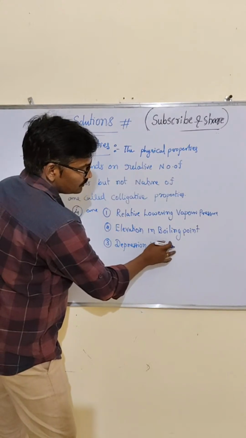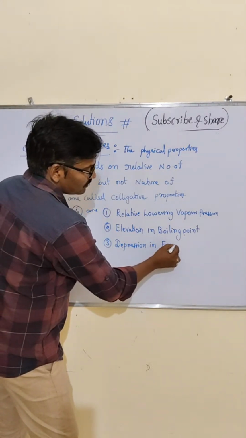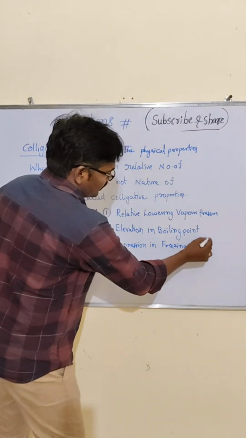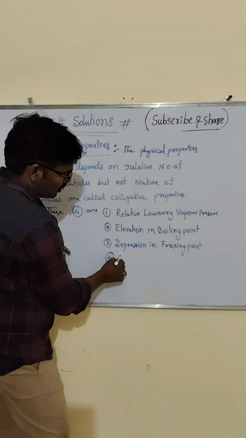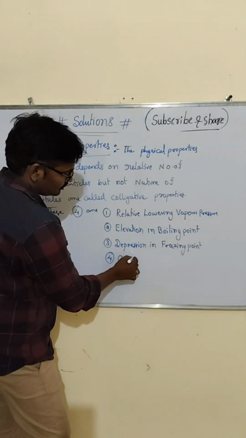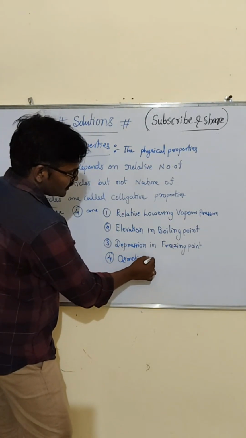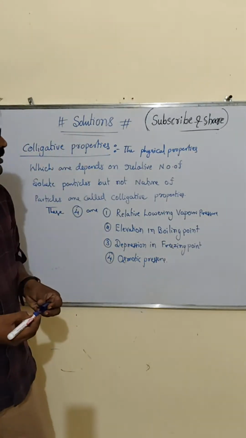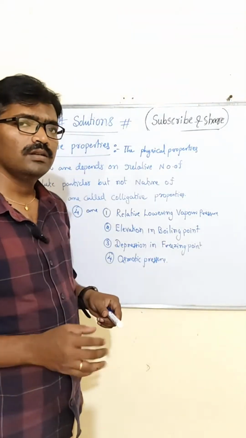Next, the fourth one, osmotic pressure. Yes, look, my dear students. So these are the colligative properties.